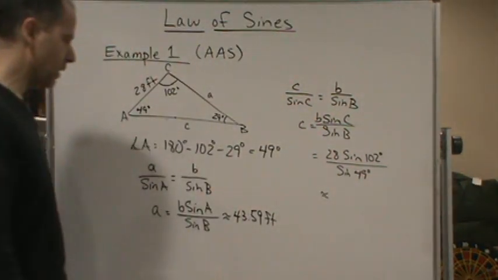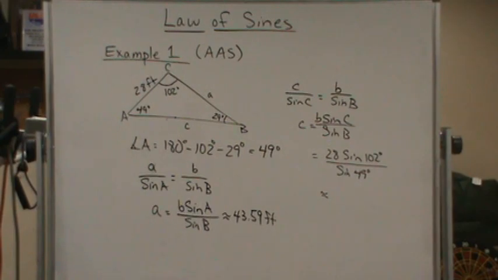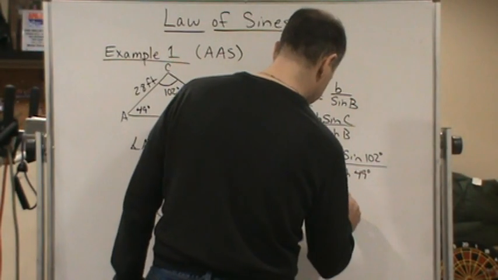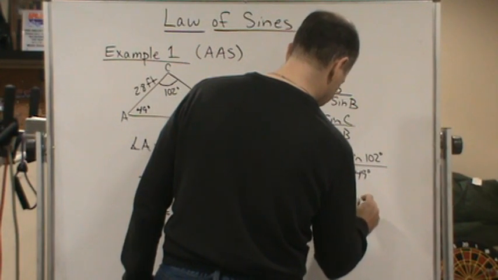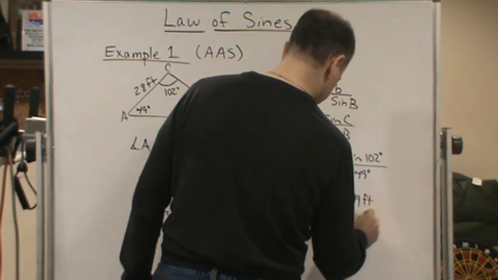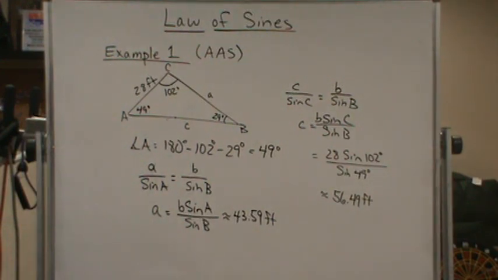And so C is approximately, again, stick it in your calculator, 56.49 feet. And so now we've solved the triangle. Okay? And that's it. So, not bad.